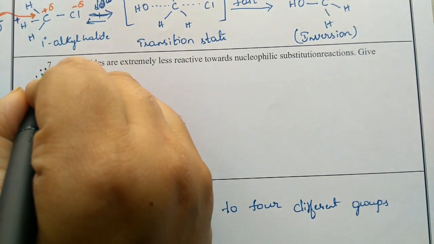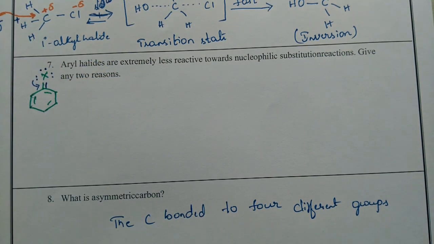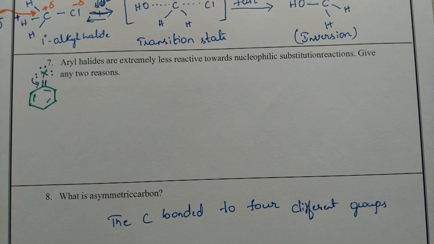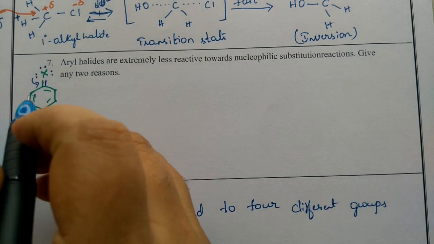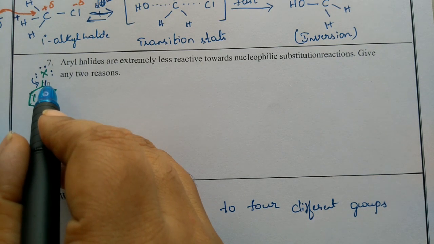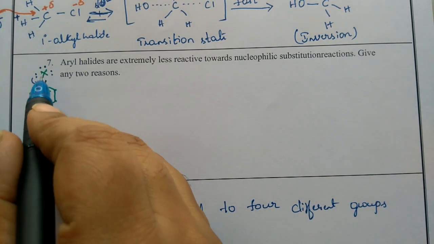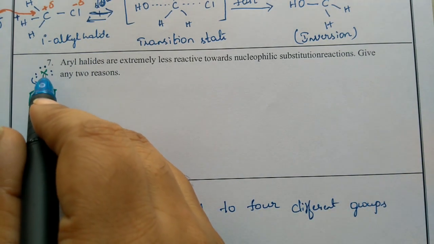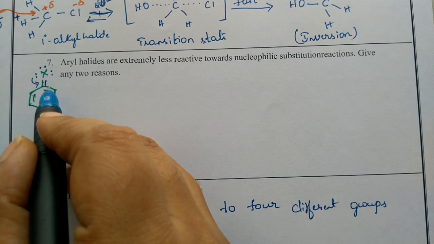If it is donated to the benzene ring, a double bond is formed, but the double bond is not a permanent one. It is delocalized on the carbon atoms of the benzene ring, that is, it is involved in resonance. So a partial double bond character is there between the halogen and the carbon of the benzene ring. Breaking that double bond is difficult.